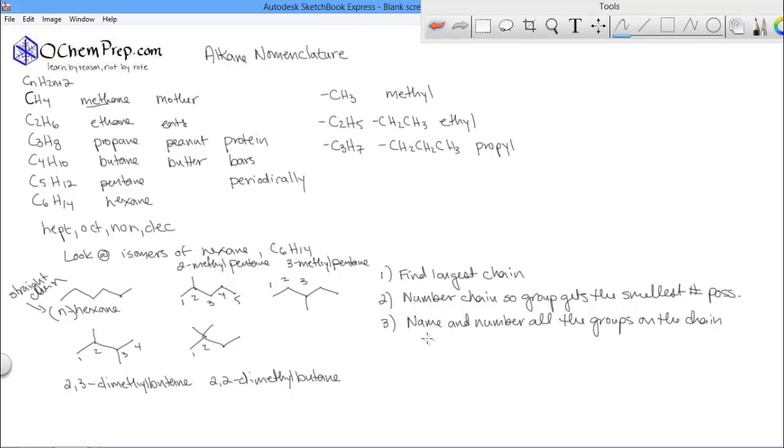And remember to use the prefixes di, tri, tetra, etc. Now there are other groups that we can put on the chain that we're going to use as we do our nomenclature. If you have a bromine on your chain, it's called a bromo group. Or chlorine is a chloro group. Or iodine is an iodo group.